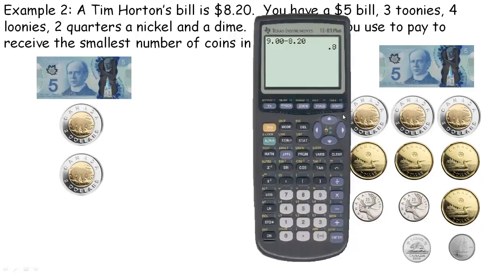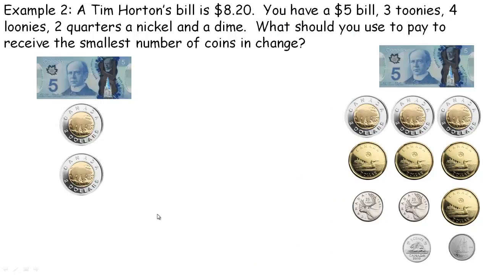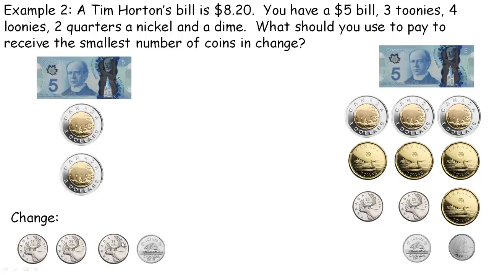That's very similar to the previous example. Your change would be 3 quarters, that's 75 cents, plus a nickel to make 80. So that's not the best solution.